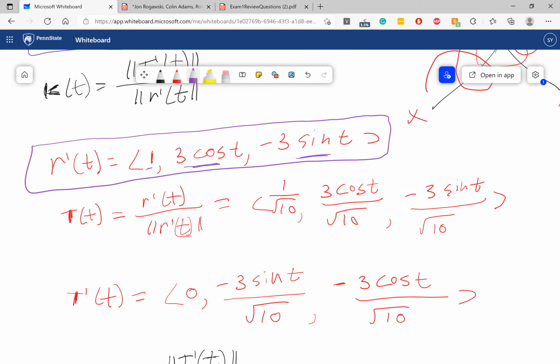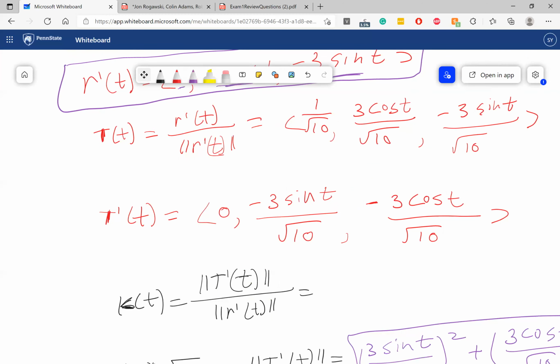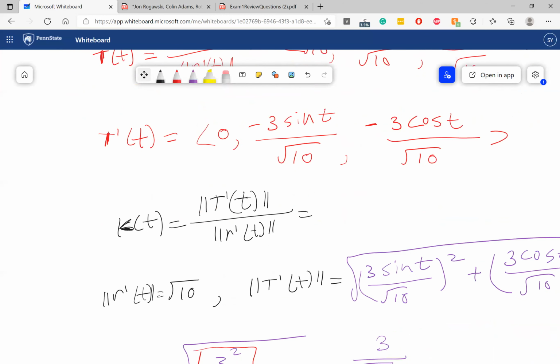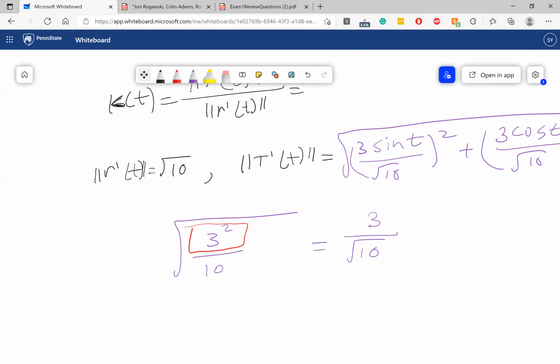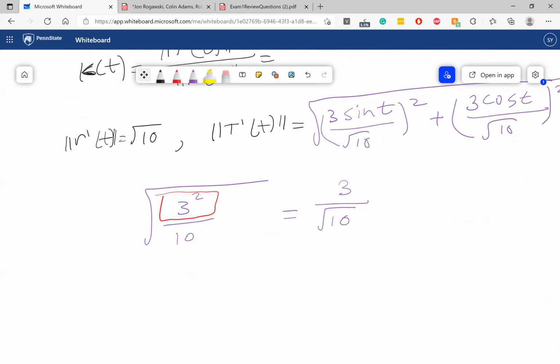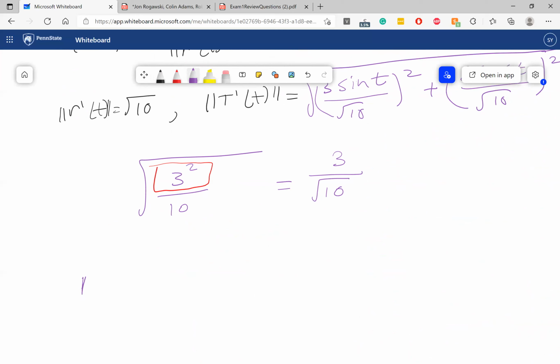Okay. So this type of trick of taking out the cosine and the sine does appear a lot, and I would just recommend that you see the pattern a couple of times and try to think about how to apply what we've been doing. So then, in order to find the curvature, you get the magnitude of T prime of t over the magnitude of r prime of t.